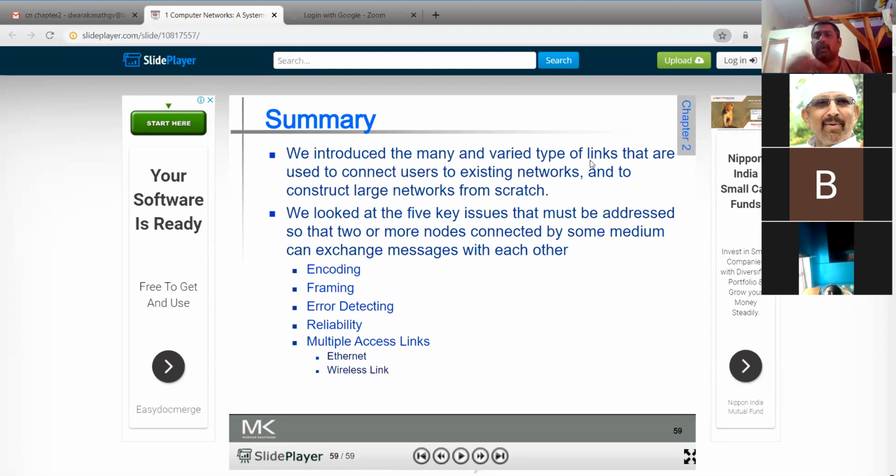And then we have seen how selective acknowledgements will be sent. That means the acknowledgement will be sent only for the frames which have been received. For the frame which has not been received or was discarded, the receiver will not send the acknowledgement. So if the acknowledgement is not received, then automatically retransmission of that selective frame will be done by the sender, which I told you is one of the best sliding window protocols, that is the selective sliding window protocol that we have seen.